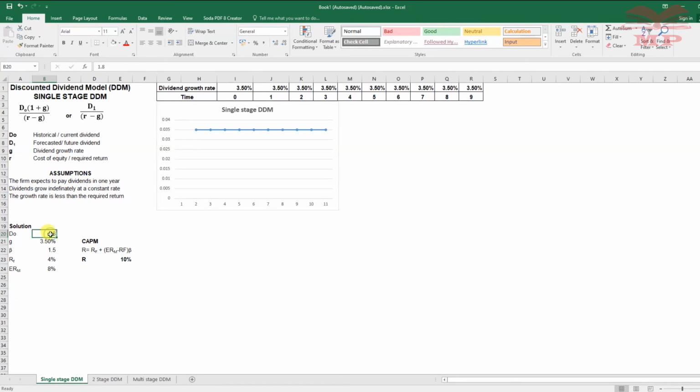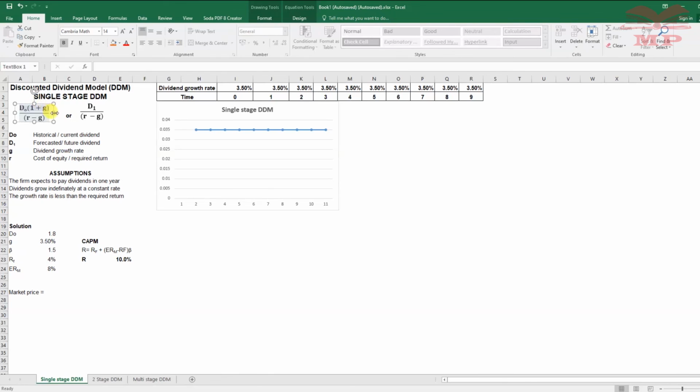But remember, we've been given D naught because the keyword there, we've been told, is recently paid. So it has to be historical. We have to grow it over there. So we are saying our price, market price, or intrinsic value, like that, is equals to, there's no need for, I can just copy this over here, Control C, come down over here, paste it down over here, Control V, pardon me.